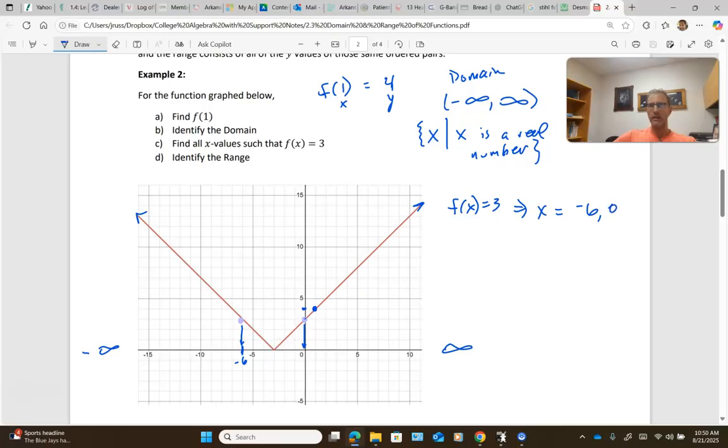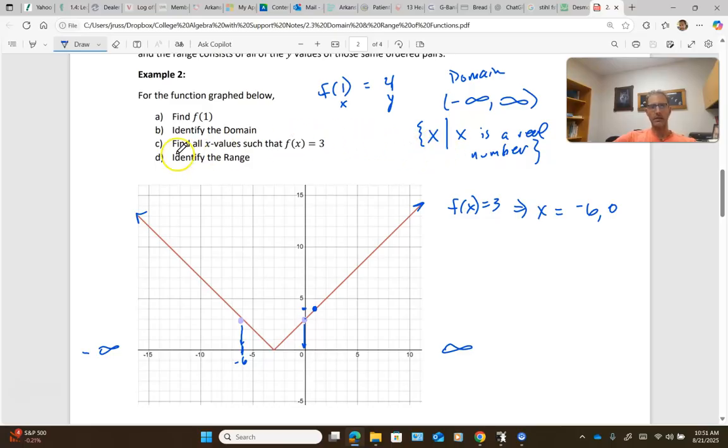Okay, and in the homework, guys, you have to list them one after the other with a comma separating them. Now, don't list it as an ordered pair, because it's not. We're just simply listing the x-coordinates of these 2 points. Okay, because these are the only 2 points that have y values or function values of 3.